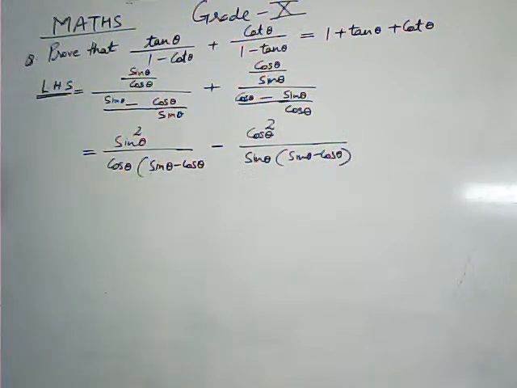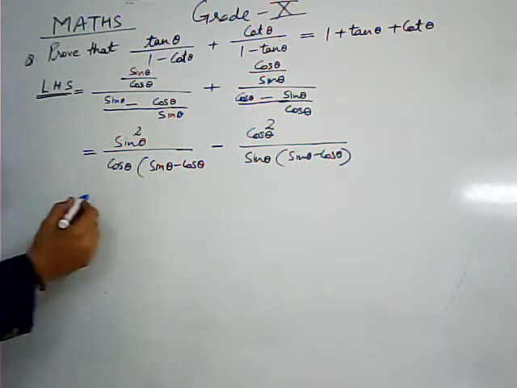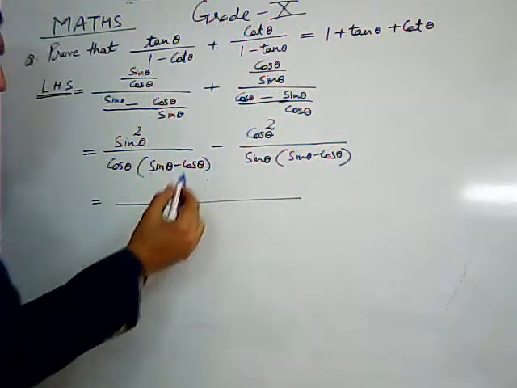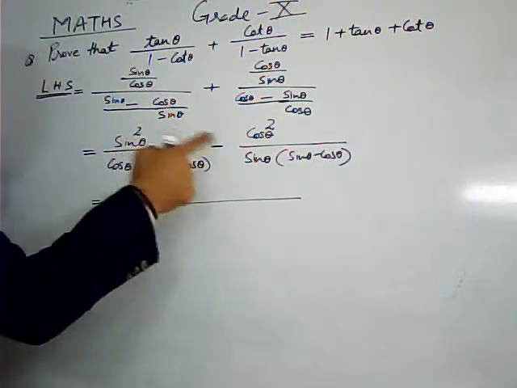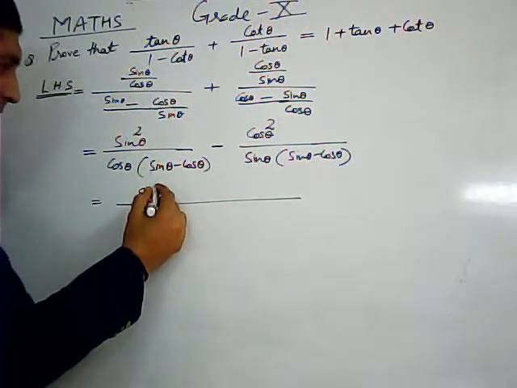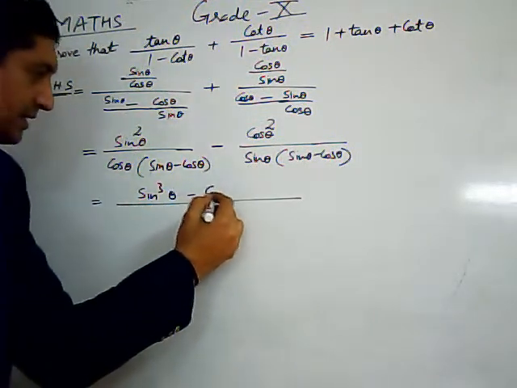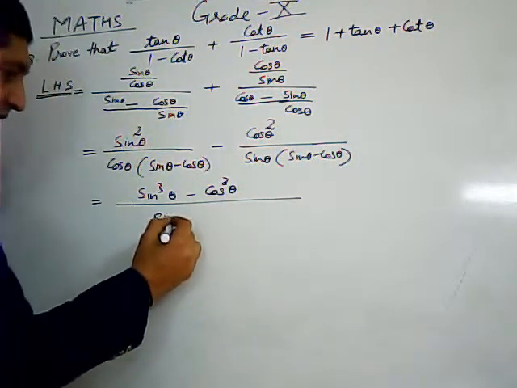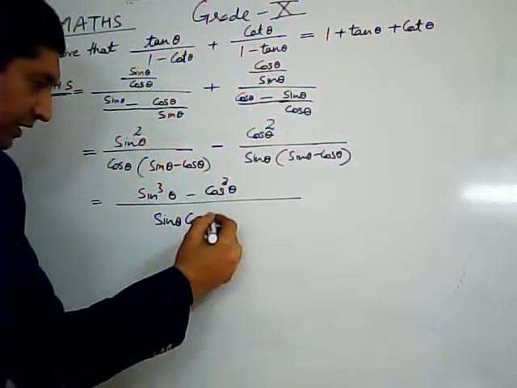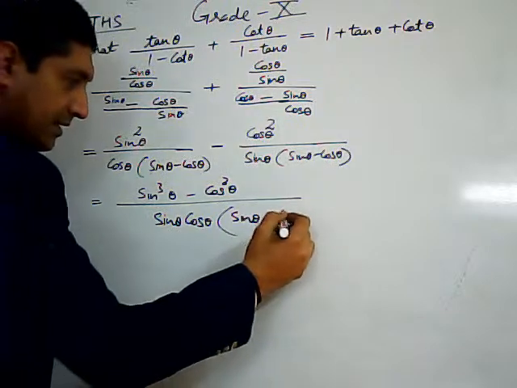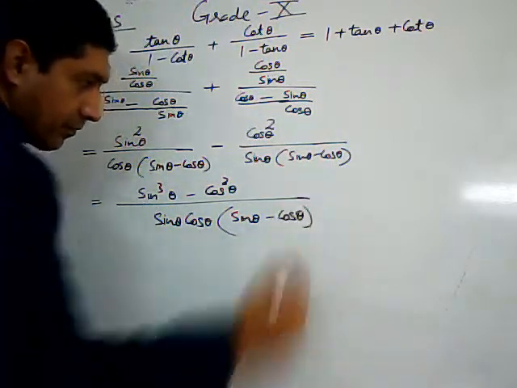Now what we can have? We can have that identity, that is sine cube theta minus cosine cube theta in the numerator, and here sine of theta cosine of theta multiplied by sine theta minus cosine theta, right?